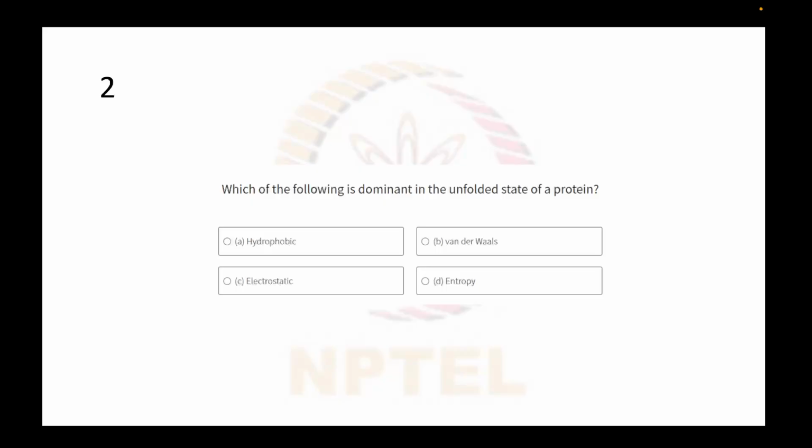One can consider green is for folding and red is for unfolding. Forces or interactions such as hydrophobic, van der Waals and electrostatic. No, actually hydrophobic collapse is a driving force for folding.